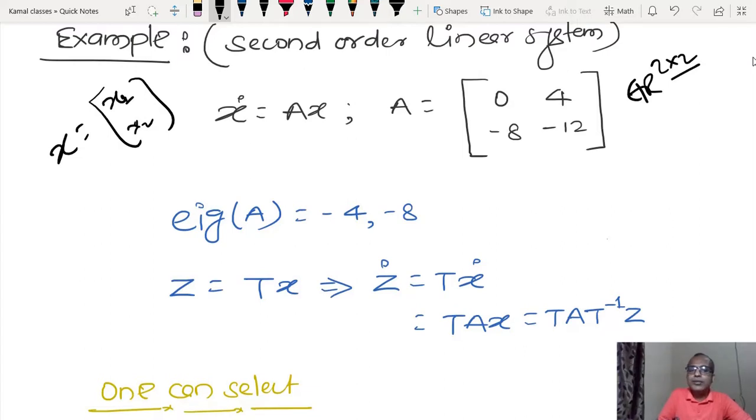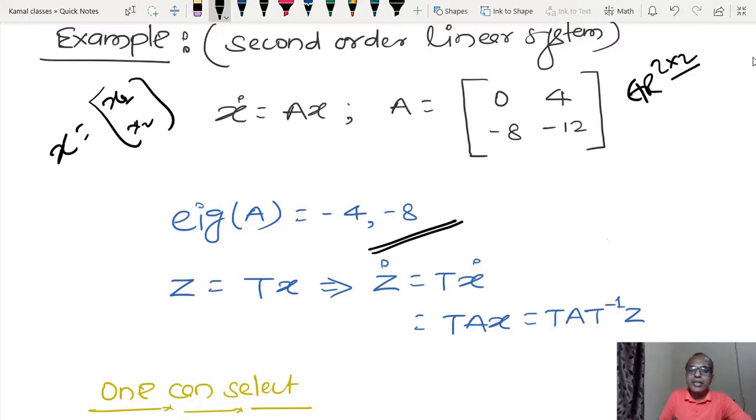Now if you see the eigenvalues, both eigenvalues are strictly negative. So if both eigenvalues are strictly negative, Carol, could you please comment what is the behavior of this system or equilibrium point? Stable system. Yeah, stable system. So whenever you are going to construct a Lyapunov function, we concentrate ourselves on a stable system.